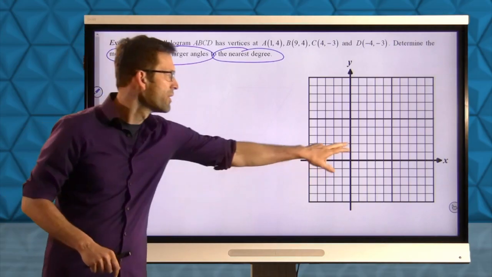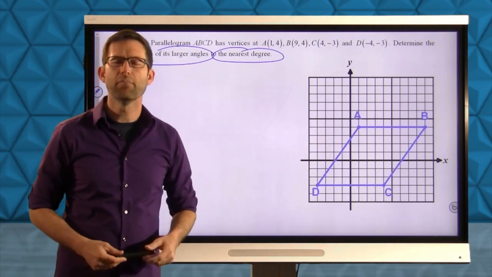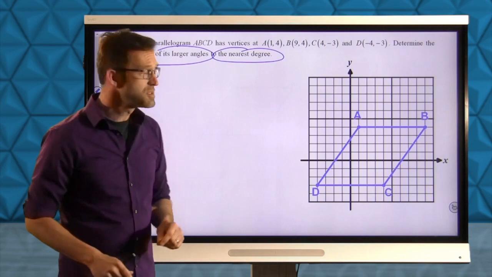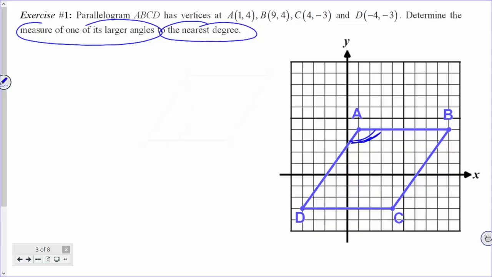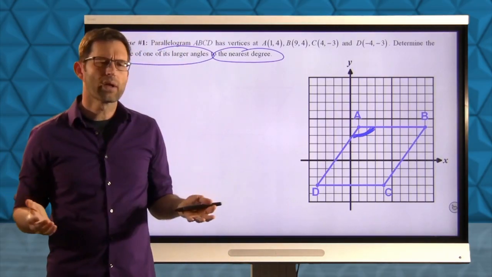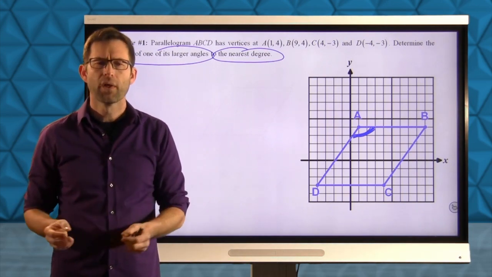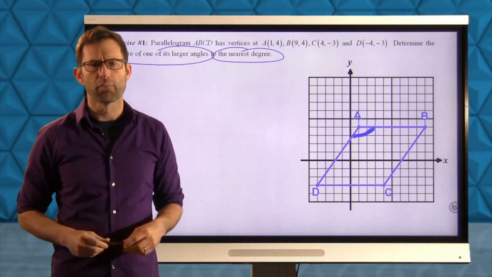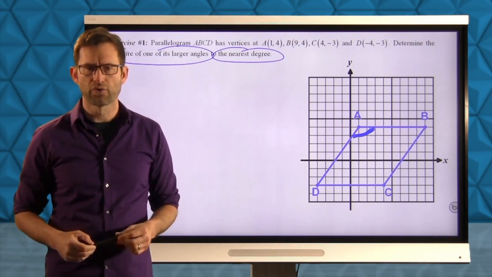All right, well, for me, there it is. There's my parallelogram, ABCD. Now, the problem specifically asks me to find the measure of one of the larger angles. But remember, right triangle trig only works when you have a right triangle. The beautiful thing about the coordinate plane, though, the coordinate grid, is that we can easily create right triangles.